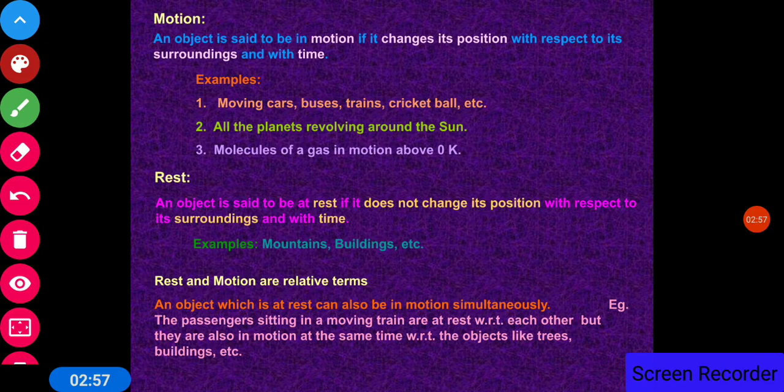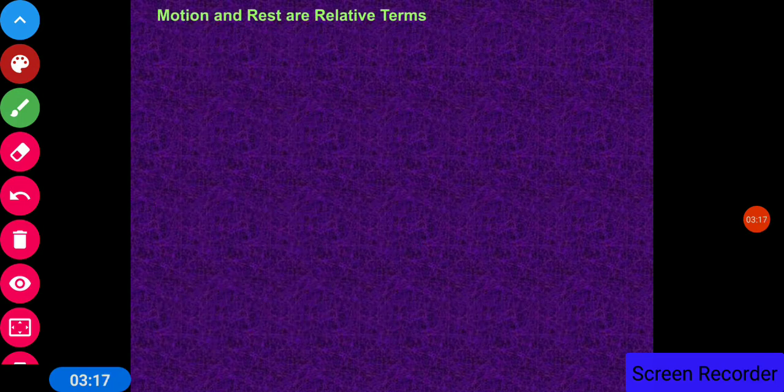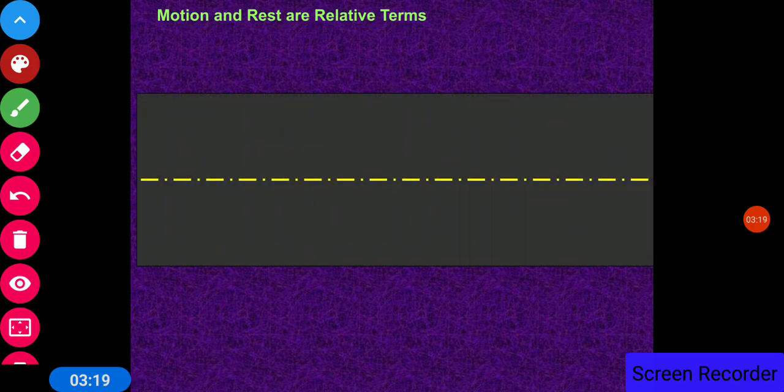For example, the passengers sitting in a moving train are at rest with respect to each other, but they are also in motion at the same time with respect to objects like trees, buildings, etc. So, the reference point is very important. Motion and rest, they are relative terms.